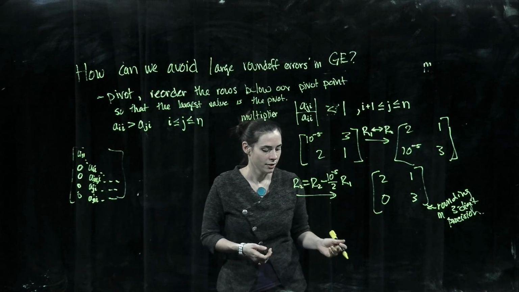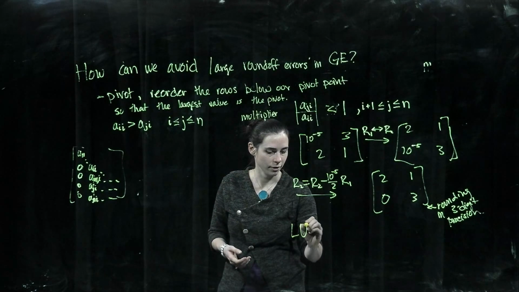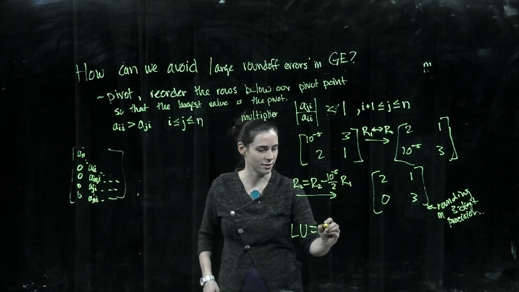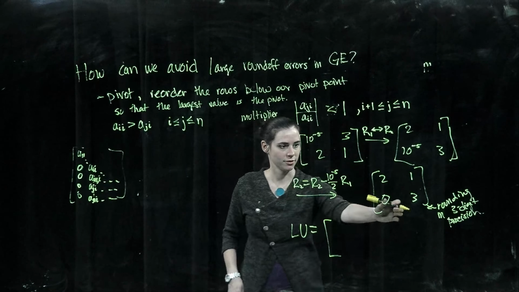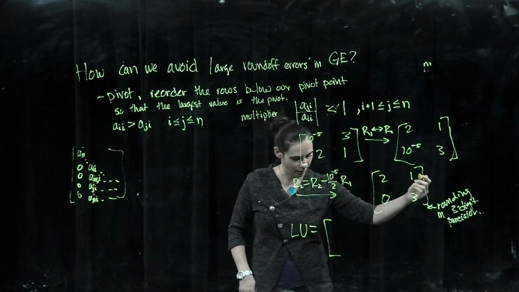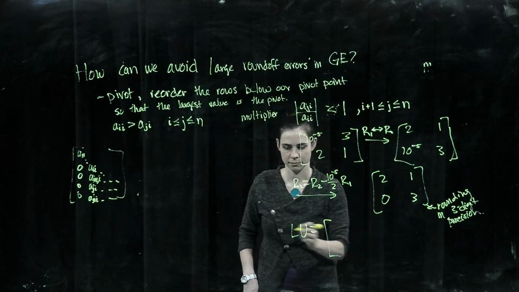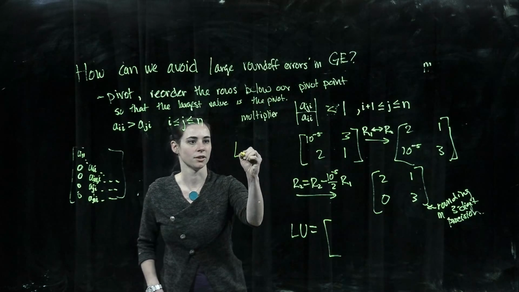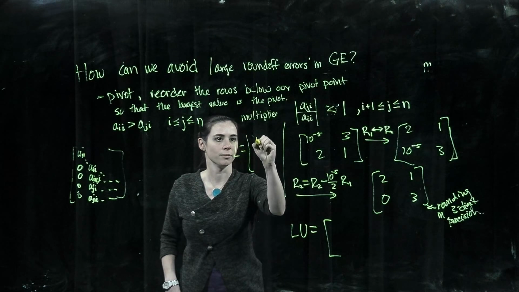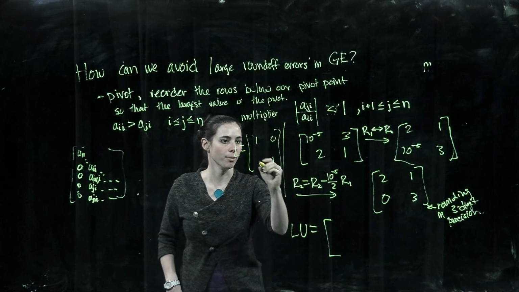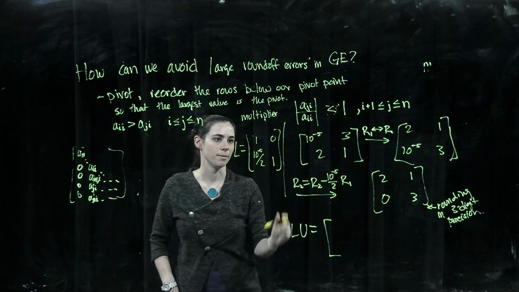So in this case, when we now go back and do our check, what is L times U? So now this is our U, and our L ends up being, again, 1, 0, 1, but with the multiplier, which this time was 10 to the negative 5th divided by 2.